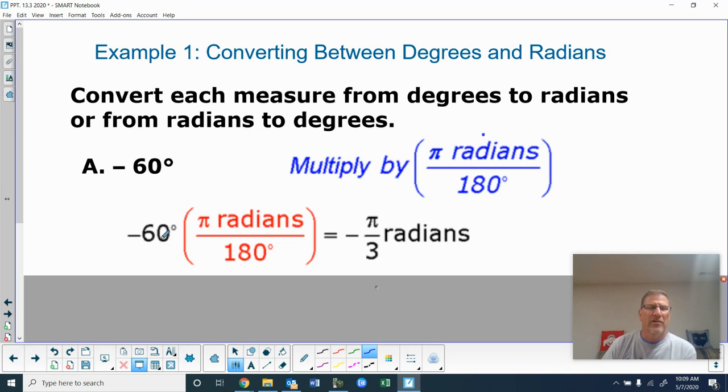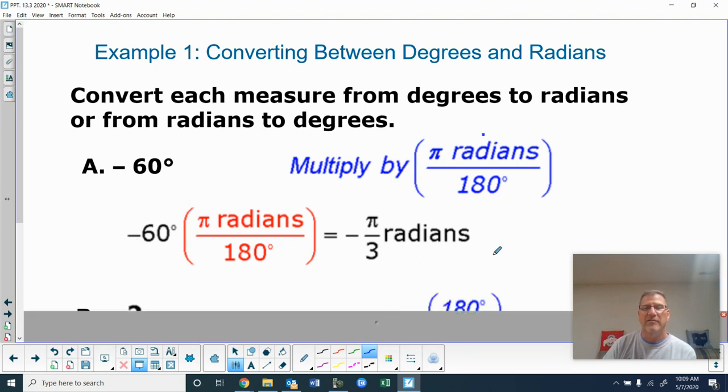Here's how I set up the problem. I'll do it over here to the right.